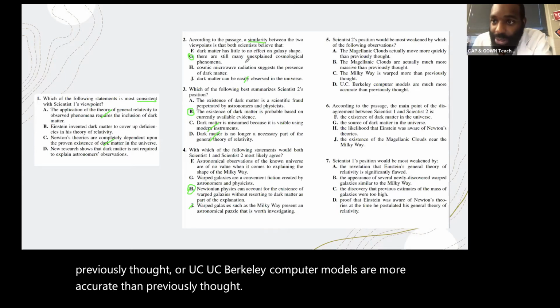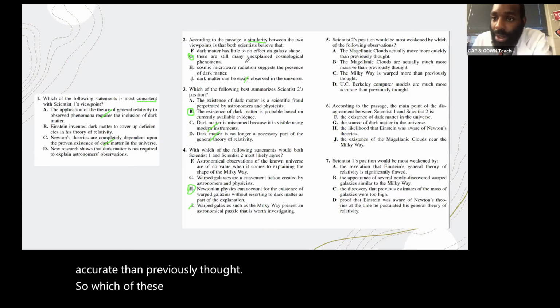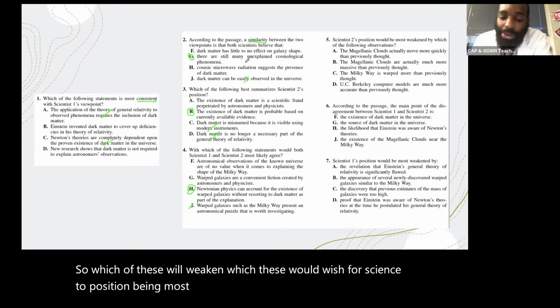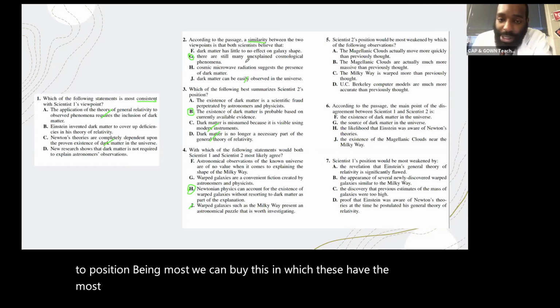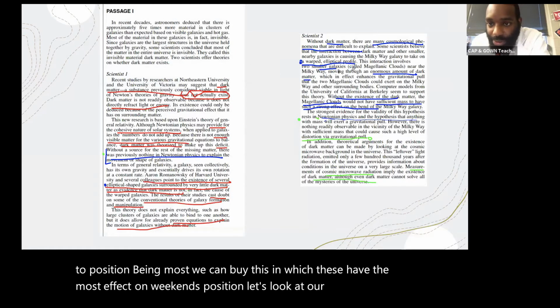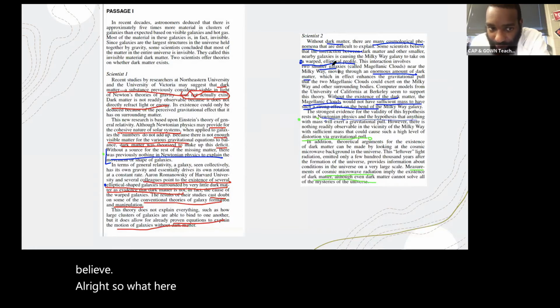So which of these will weaken? Which of these has the most effect on weakening his position? Let's look at what scientist two believes. All right. So what is here that you guys are seeing?